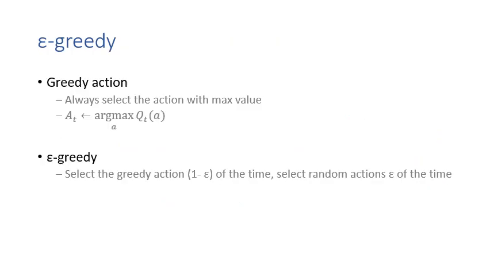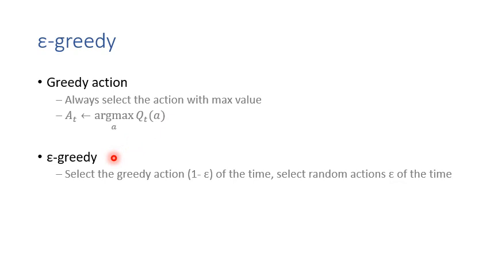How can we choose which action to take? Remember the epsilon greedy method. Greedy means we always select the action with max value, so we can formulate it as argmax A Qt of A, which means we select the action with the maximum Qt value at time t.